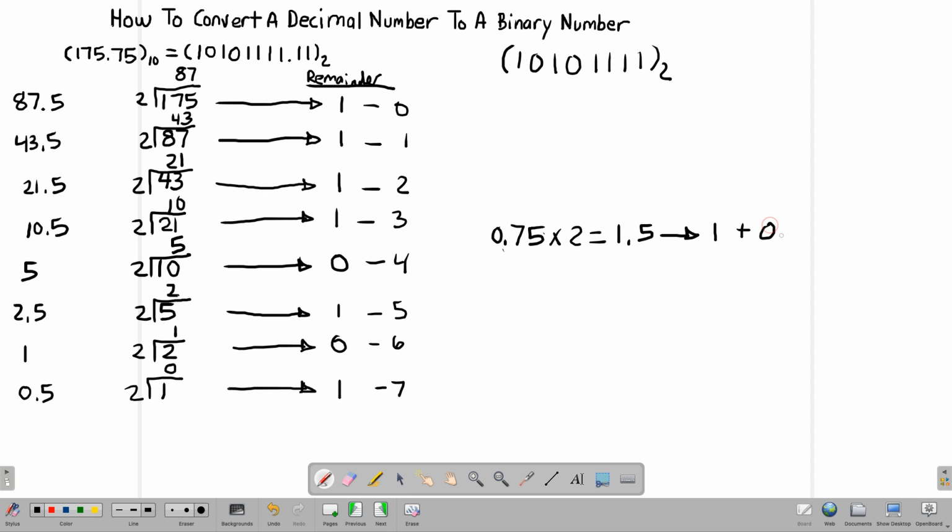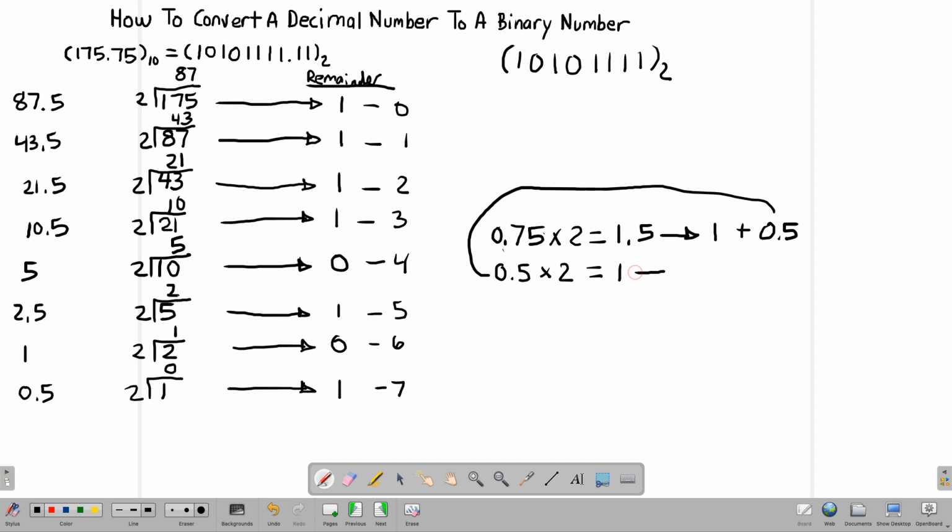Now this can also be indicated as saying 1 plus 0.5. And what we do now is take this portion of it and multiply it by 2. So I'm going to say 0.5 times 2, and we get the value 1.